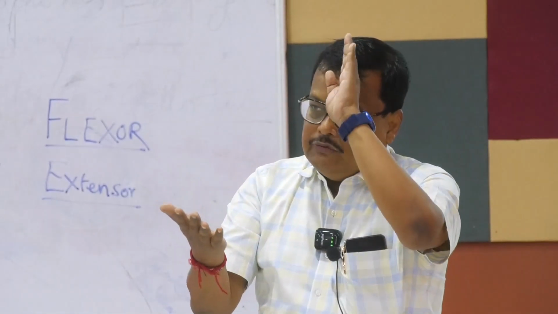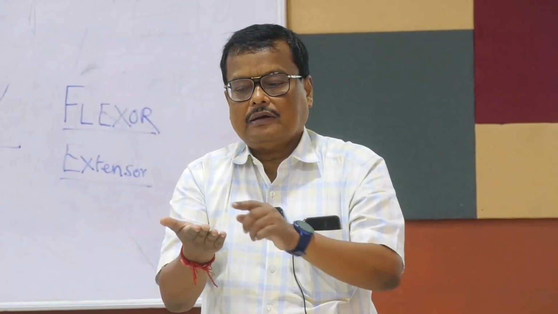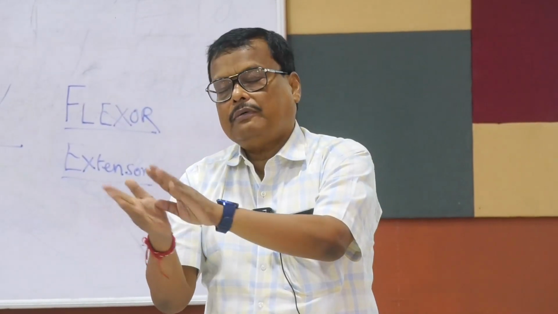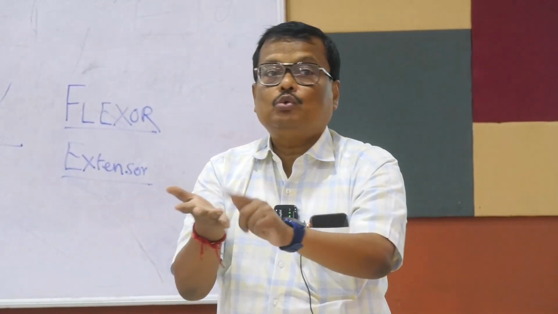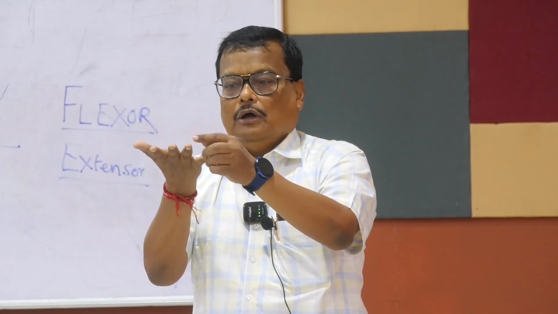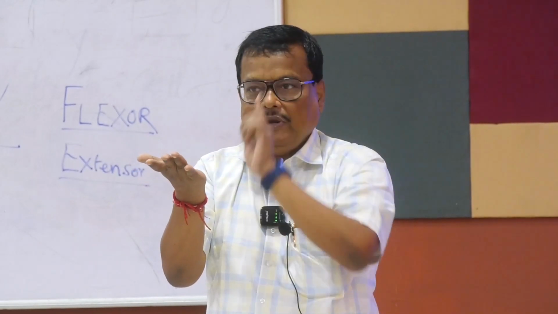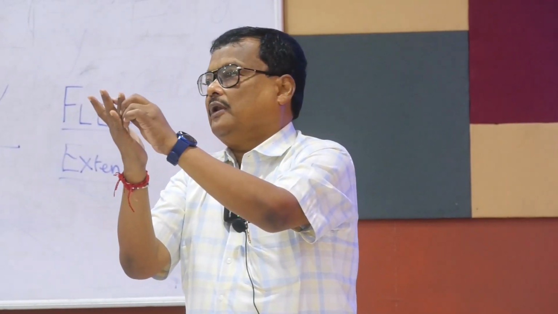If we consider the midline, it is correct. Going to the midline is adduction and going away from the midline is abduction. That is okay, but it is not true for this ring finger or fourth finger. In the fourth finger, this is going away from the midline, but still it is adduction. Why?